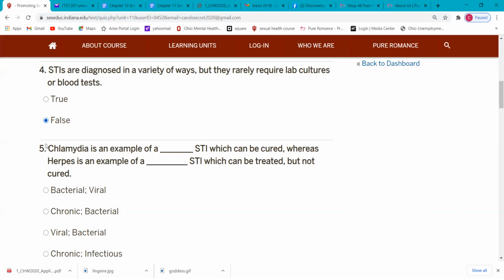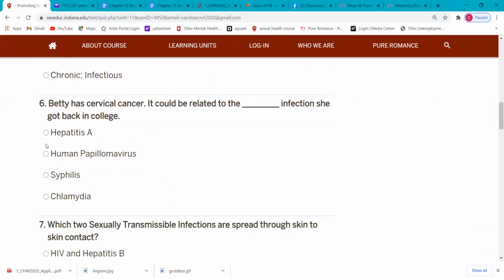So chlamydia is an example of a bacterial STI, which can be cured, whereas herpes is an example of a viral STI, which can be treated but not cured. So first one, bacterial and viral.